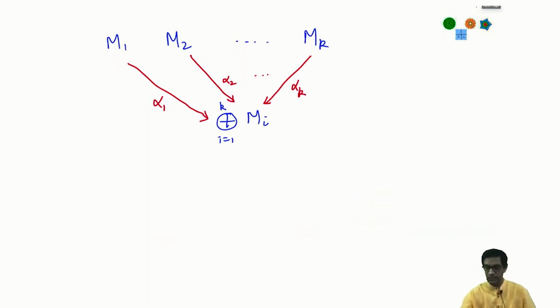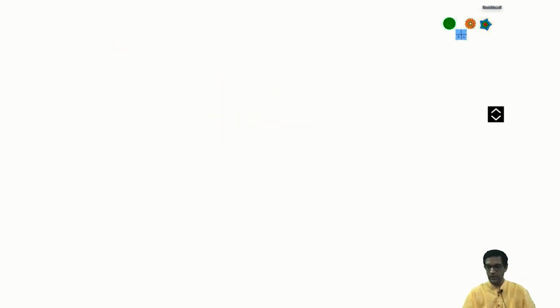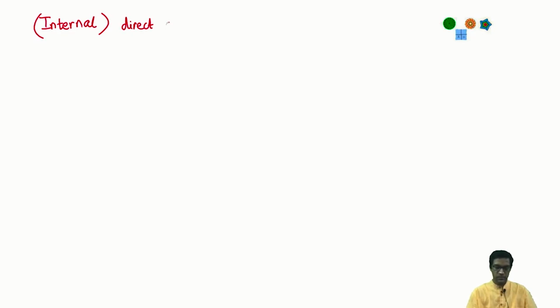Now let's talk about another sense in which the word direct sum appears. Just to distinguish it from the earlier one, we sometimes call this the internal direct sum. So this notion is usually called internal direct sum.